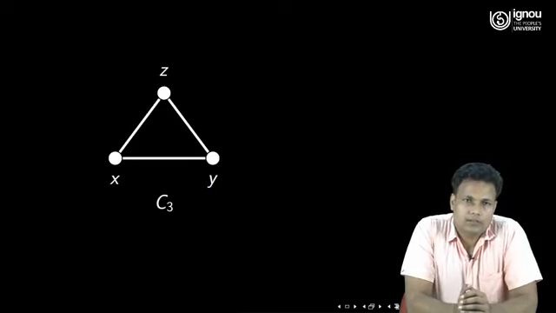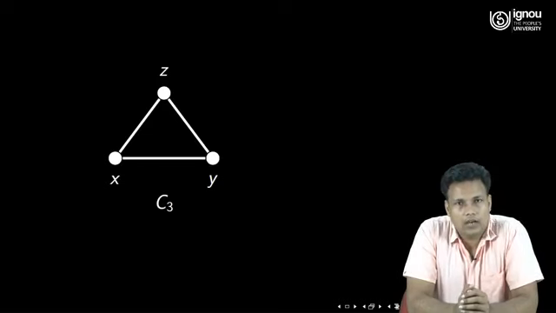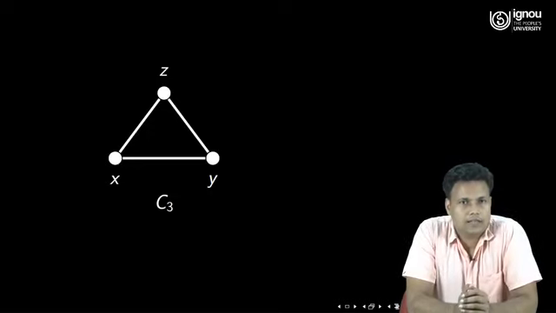Now let's look at this graph. Let's try to find whether it is possible that this graph has two partite sets or not. Suppose we put the vertex x in one partite set, then the vertices y and z cannot be put in this partite set because they are both adjacent to x, right?